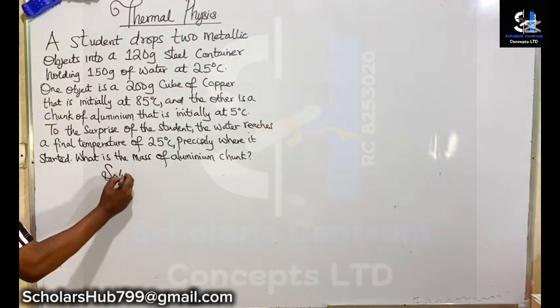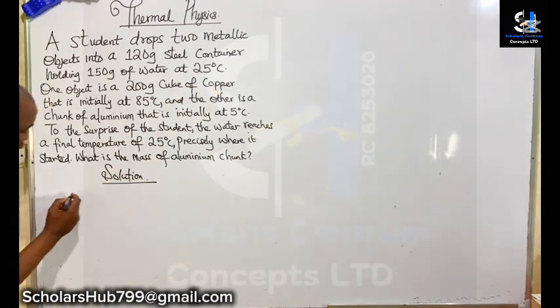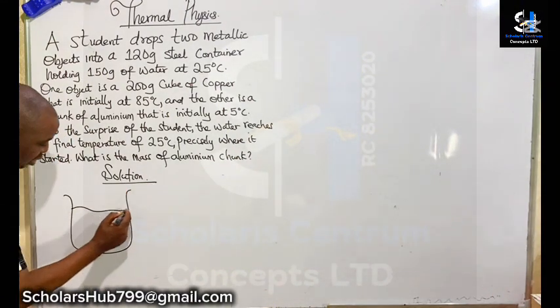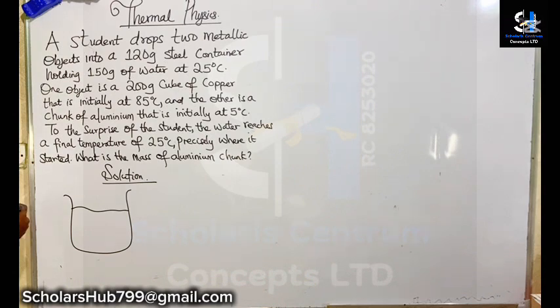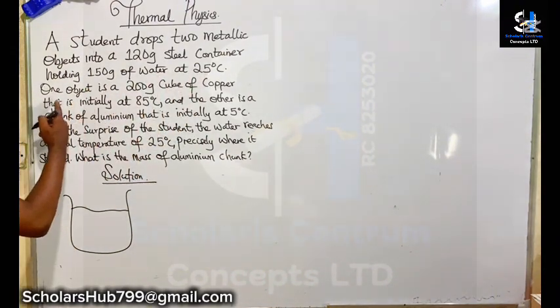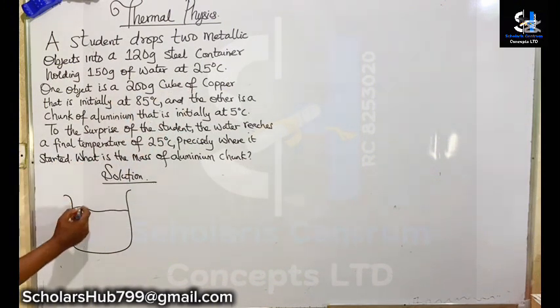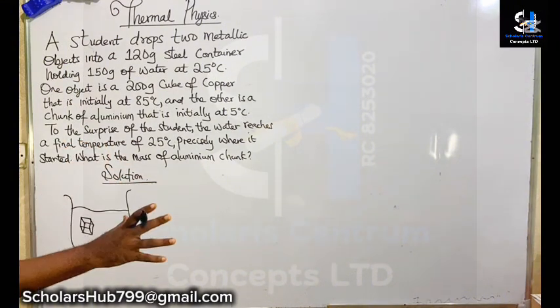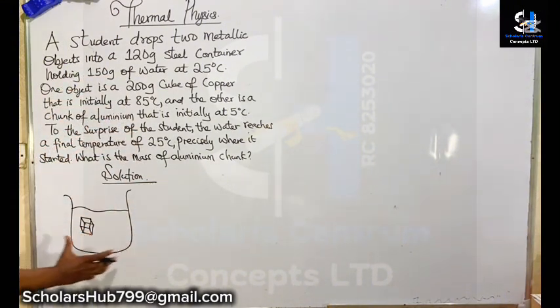So we have a container holding water of mass 150 grams at 25 degrees Celsius. Now we have an object, the cube of copper, whose temperature is 85 degrees Celsius before it is dropped into the steel container holding water.